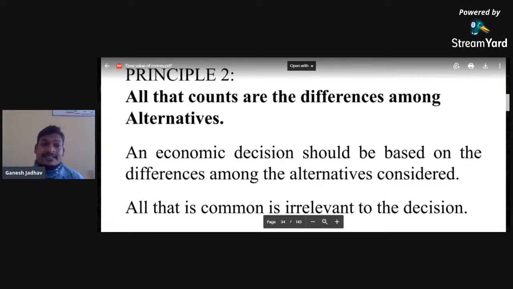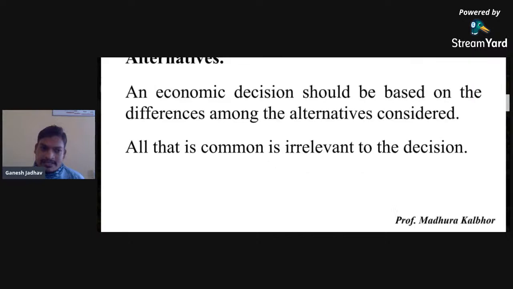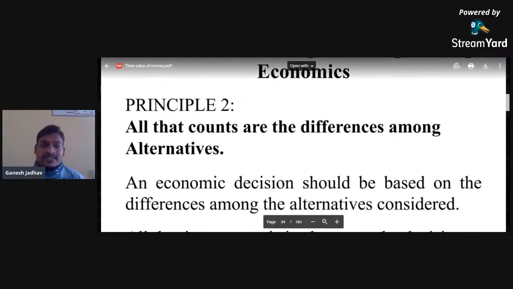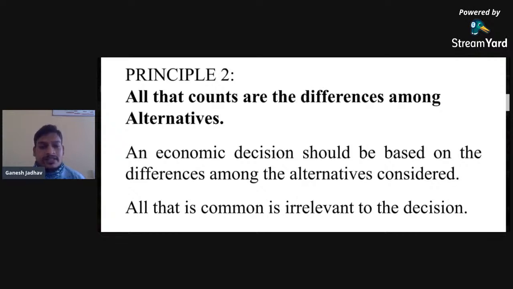To take any decision, there are a number of alternatives, so we can say which alternative is relevant to us. All that is common is irrelevant to the decision. So this is the second principle.